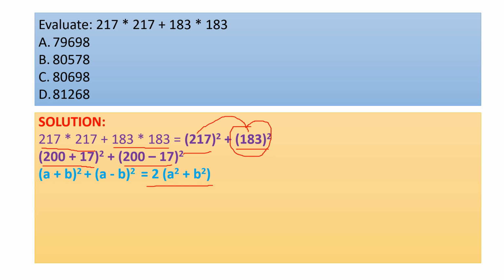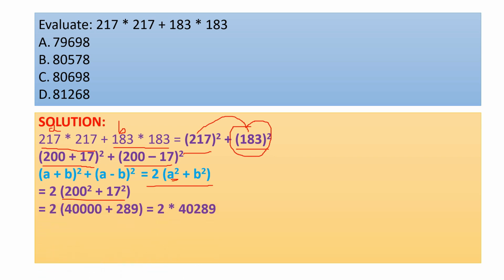So in place of a we are having 200, in place of b we are having 17. Replace the values: 2 into 200 square plus 17 square. On solving this we are getting 80578 as the answer. So option B is the correct answer.